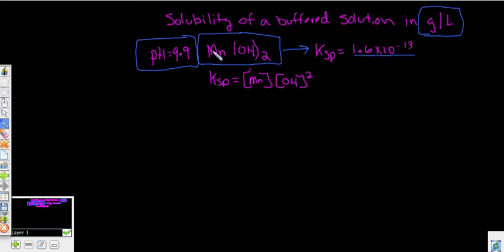So our Ksp expression is going to be this, breaking up into 1 manganese and 2 hydroxides. And so then that's going to give us a Ksp of 4x cubed.